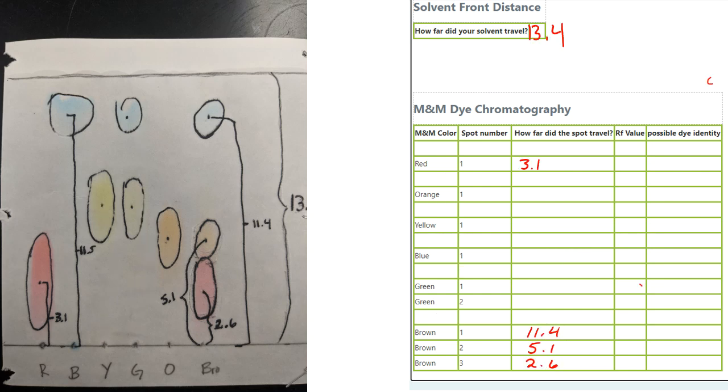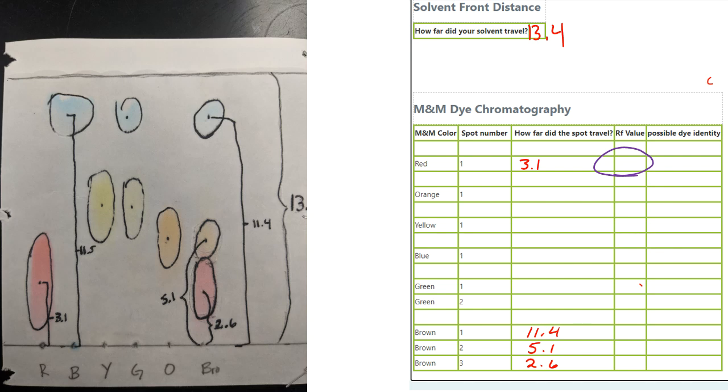And so now we want to calculate the RF values for each spot that you see here on your spreadsheet. The RF value is basically a ratio of how far that particular dye traveled versus how far the solvent front traveled. It tells you what percentage the dye made it, basically.